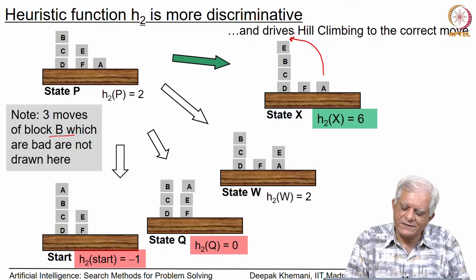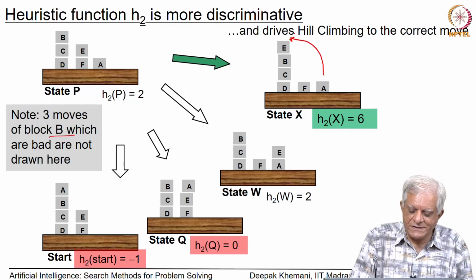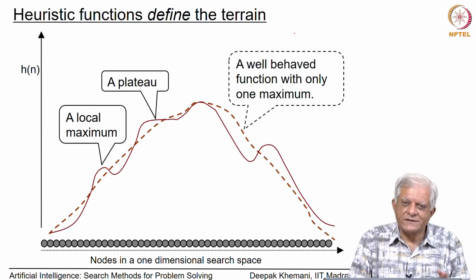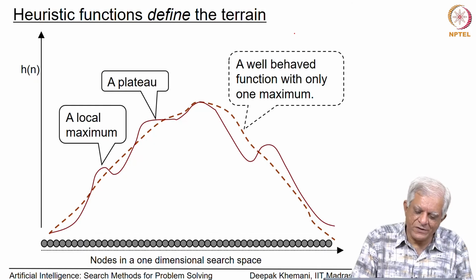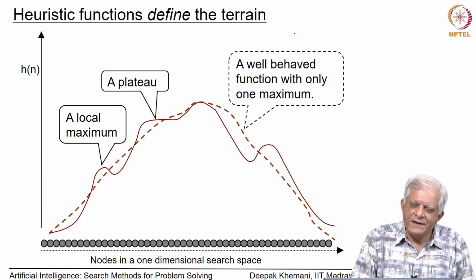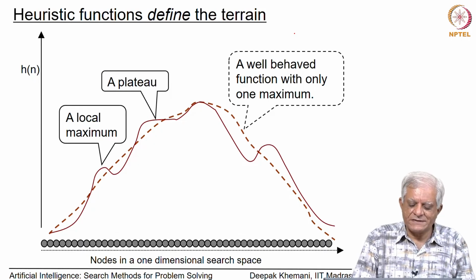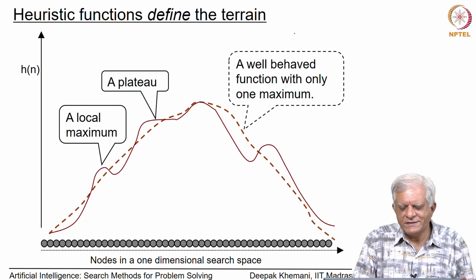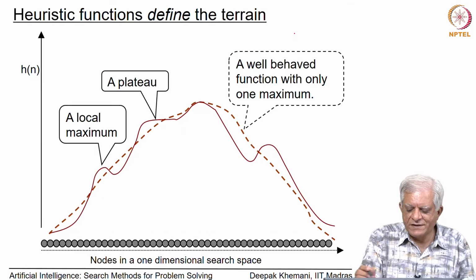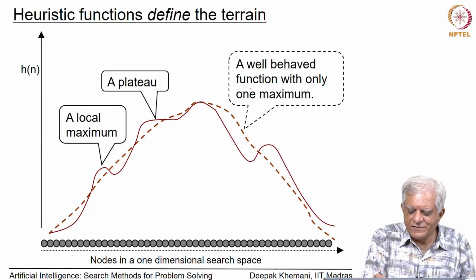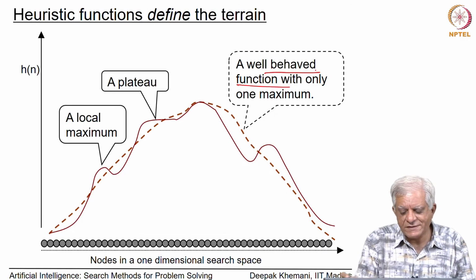So, from this you can generalize and make an observation that the surface that you are traversing using the steepest gradient ascent or descent, as the case may be, is defined by the heuristic function itself. In our case, in the Blocks World example, the second heuristic function defined a well behaved surface or function which had only one maximum essentially.